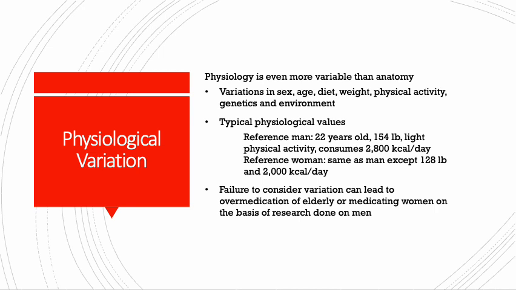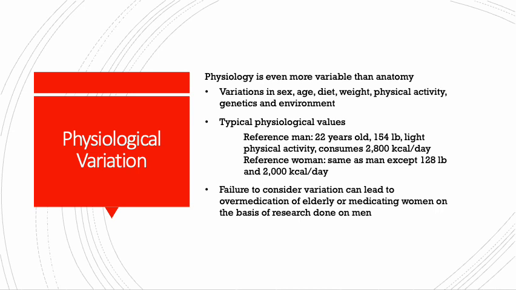A 22-year-old male that is 154 pounds that performs light physical activity every day and consumes 2,800 kilocalories a day would not have the same physiological values and processes in their body as a woman that is 128 pounds and takes in 2,000 kilocalories a day and has everything else the same.